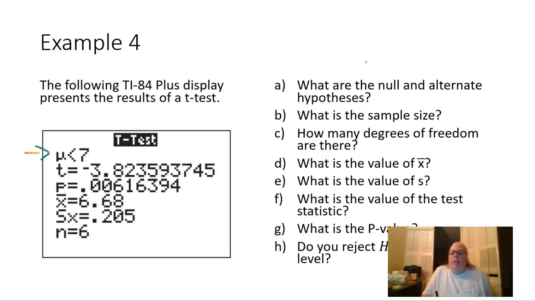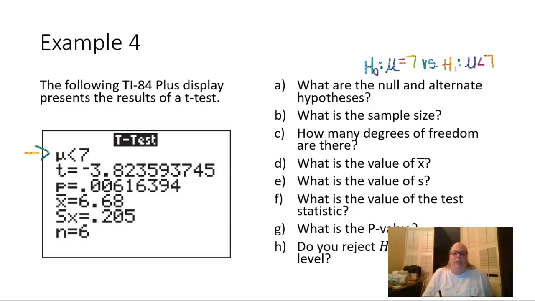So the null hypothesis we can deduce based on what the alternate hypothesis is. And that's going to be that mu is actually equal to 7. And then the alternate one they gave to us, mu is less than 7.